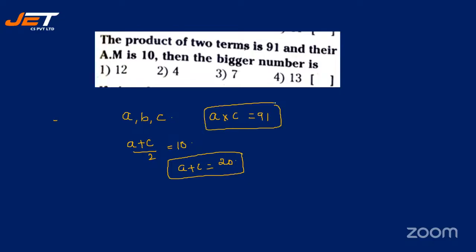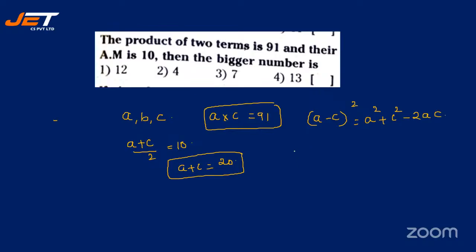So now how do we find out the value of A, and of B? We can use the formula A minus C the whole square, so it is A square plus C square minus 2AC, isn't it?